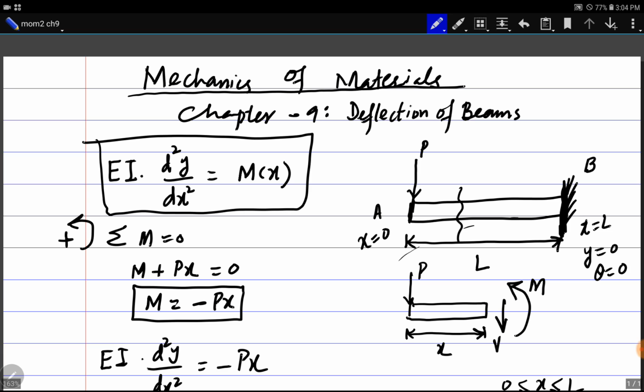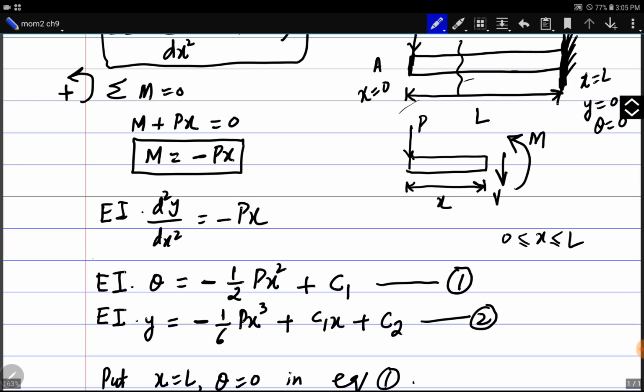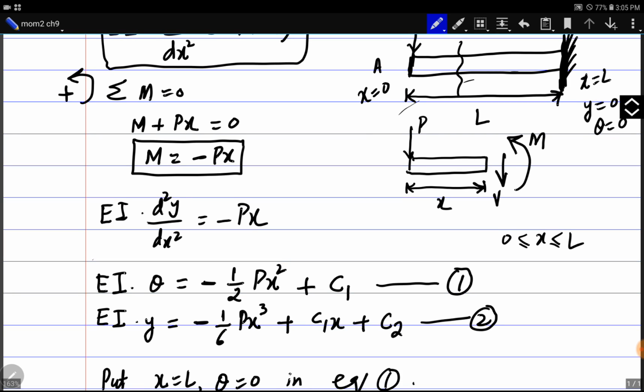In this problem, there are only 2 points, A and B. So by finding the moment using equations of equilibrium, we can put the expression of moment in this expression. Then by integrating it twice, we can find general expressions for theta and y.